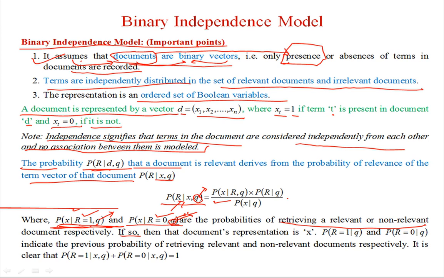Here, the probability of arrival of relevant documents when query term Q is present and the probability of arrival of non-relevant documents from X while query term Q is present, the sum of both will be equal to 1.